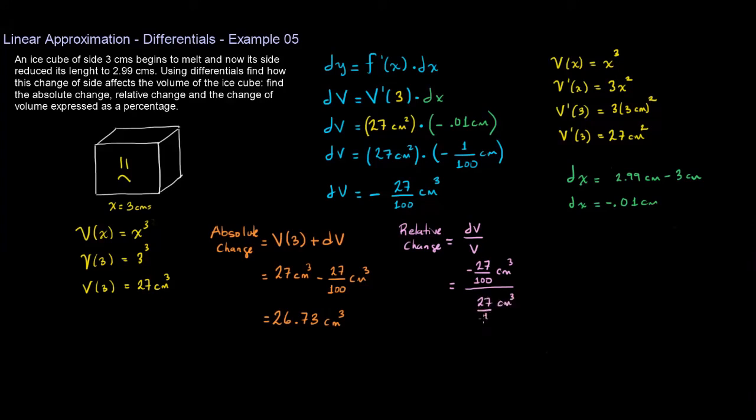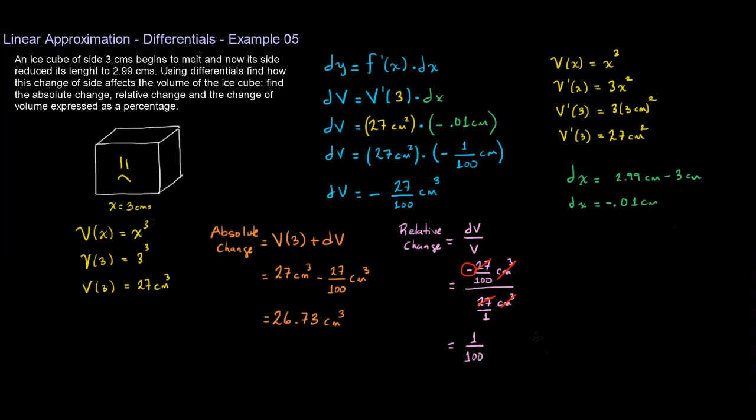Let's simplify this using the sandwich rule. Centimeters cubed cancel out, and the 27 with this one. Now, this negative sign, as we are talking of a relative change, we can pretty much ignore. So the relative change will be, at the end, 1 over 100.